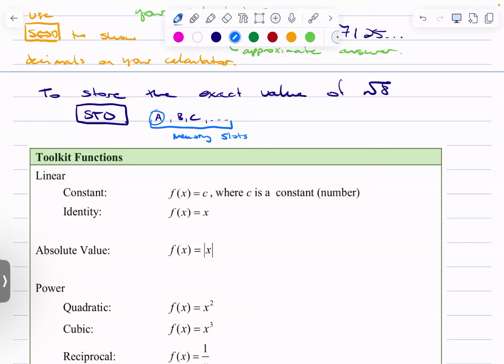And it should look like the answer in A is 2 root 2, something like that on your screen.